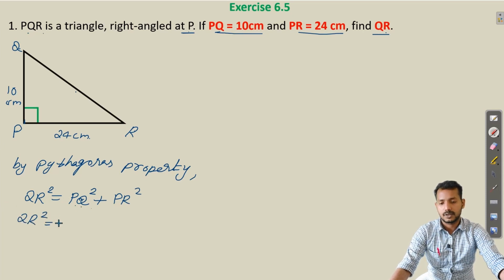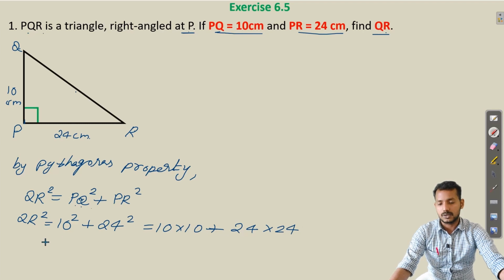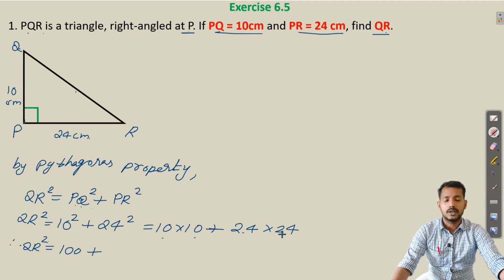PQ is 10. 10 square plus PR is 24, so 24 square. That is equal to 10 into 10 plus 24 into 24. Am I right? Therefore QR square is equal to 10 into 10, that is 100, plus 24 into 24.